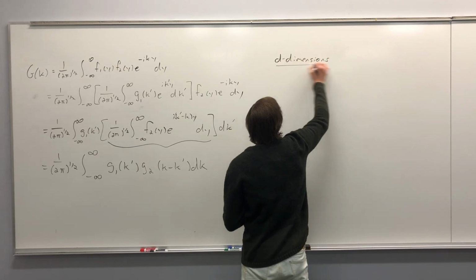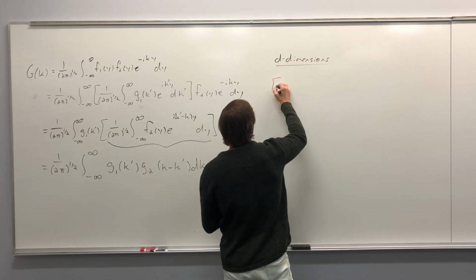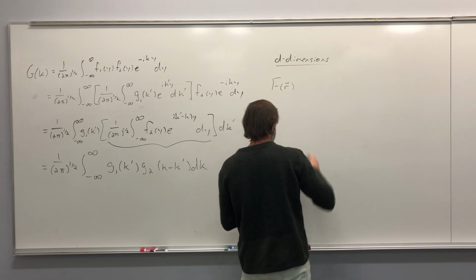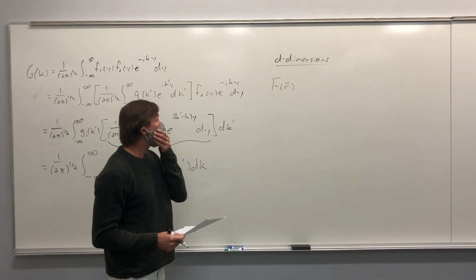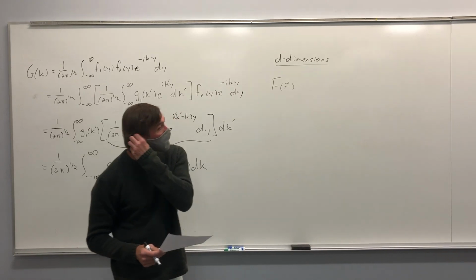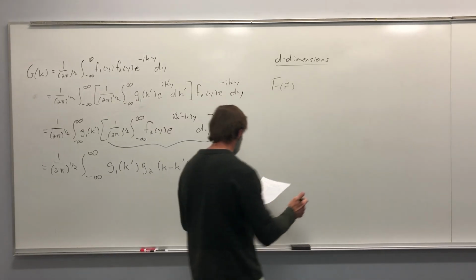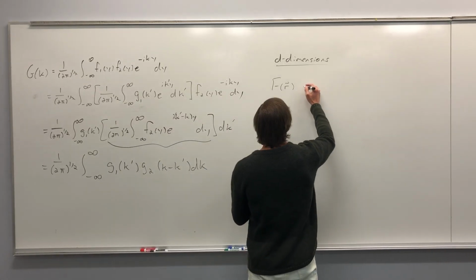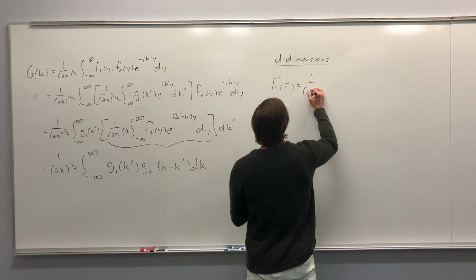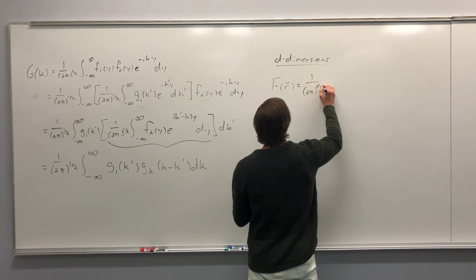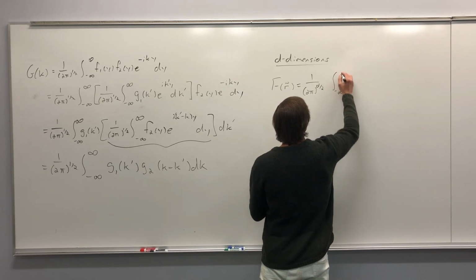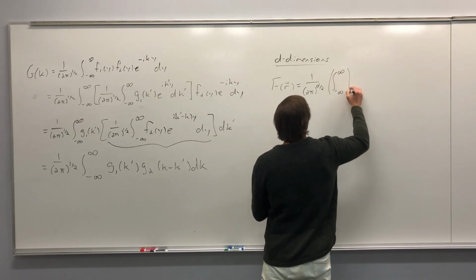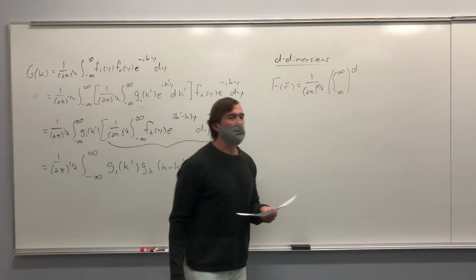In d dimensions, the function of the position vector r, which is just replacing x with its multivariate counterpart, is going to be 1 over 2 pi to the d over 2 times the integral from minus infinity to infinity to the d power.